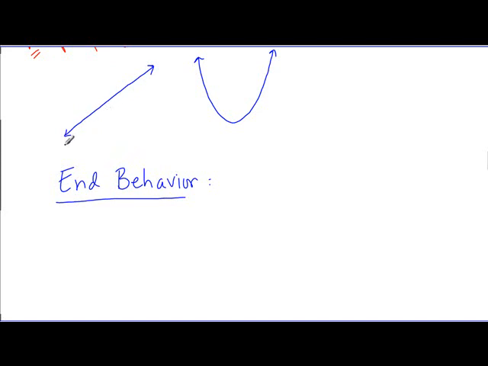So to describe the end behavior for this linear function, I would say that the right is going up to positive infinity, and the left is going down to negative infinity. For our quadratic curve, the parabola, the right end goes up and the left end also goes up.